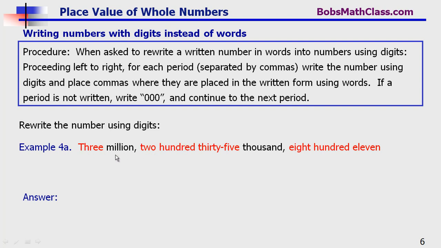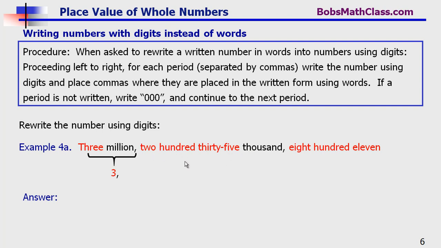So here's our first example, the first period and then a comma. It says 3 million. Okay, so that's just 3. Now after the millions is the thousands, so we're not missing a period here. 235,000.